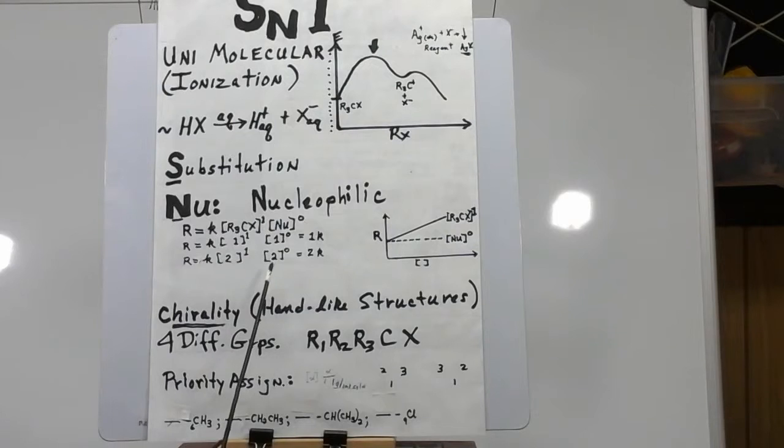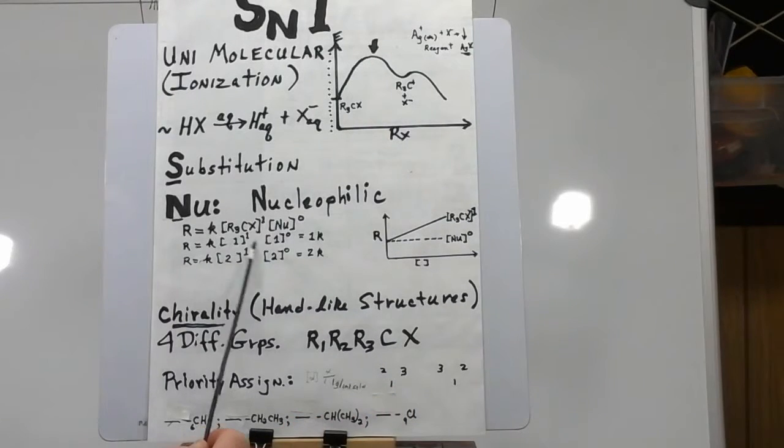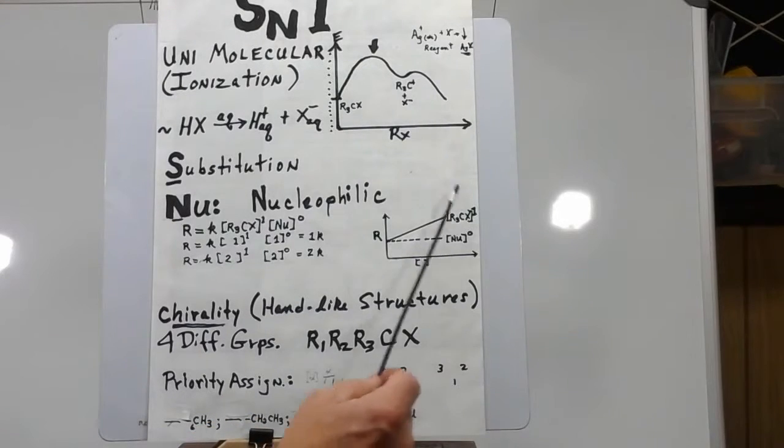Now, what happens is the R3CX is going to be linear. It's going to be first order in the concentration, so you get a curve like this. So if we look at the kinetics here, you have the rate is equal to, say, a rate constant times the R3CX concentration to a power of 1, which means it's first order.